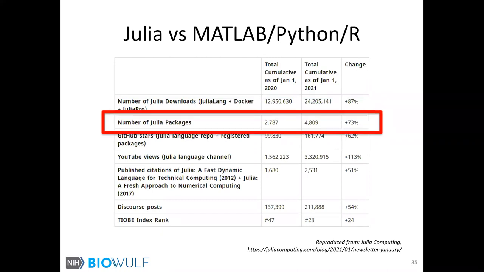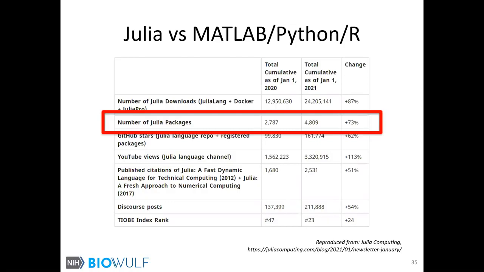The number of Julia packages has increased significantly as well. But as I will show you later, the number of packages doesn't really mean that those packages are well developed. So we will talk about that a little bit later.